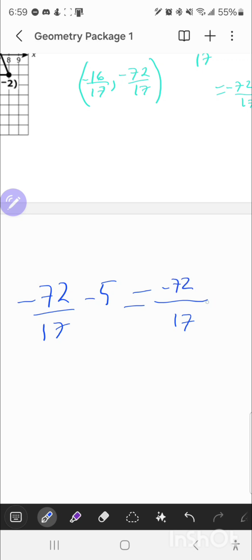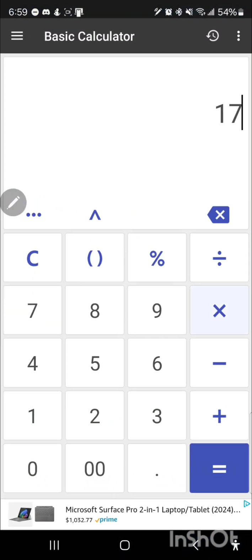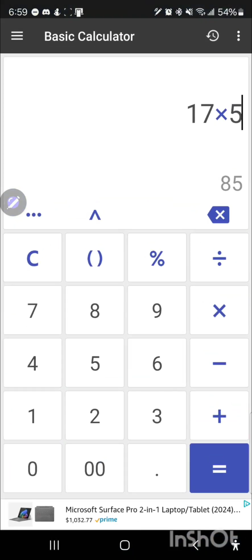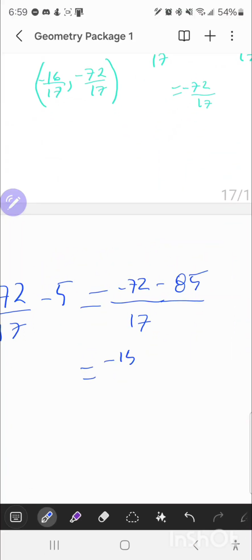We keep the sign, minus 72 over 17. 17 times 5 will be 85. So 85. Since they have the same sign, we add them together. 72 plus 85 is 157. So negative 157 over 17.